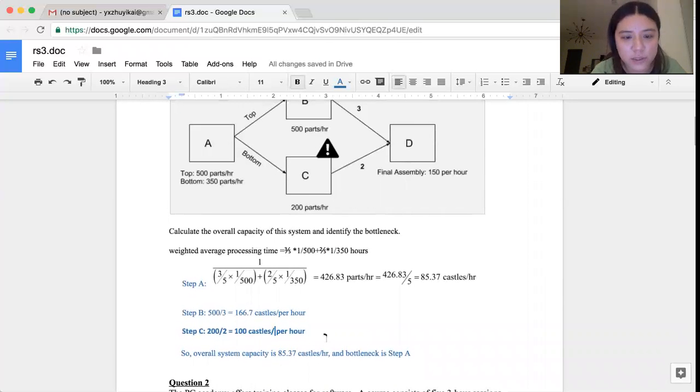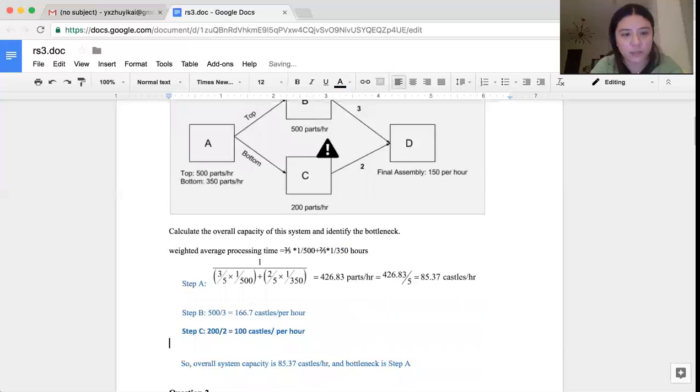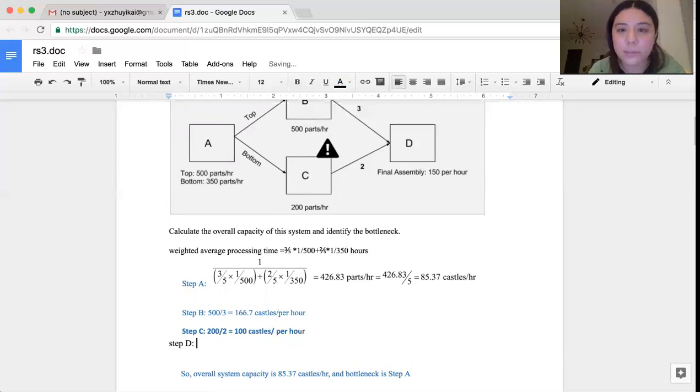And we can also see step D, final assembly. Step D is 150 castles per hour.